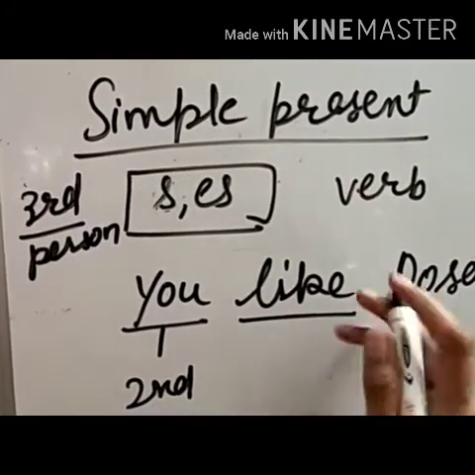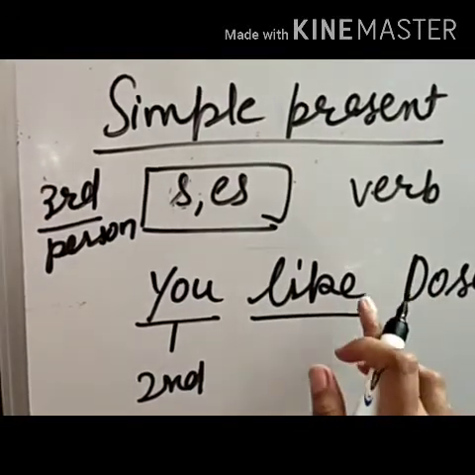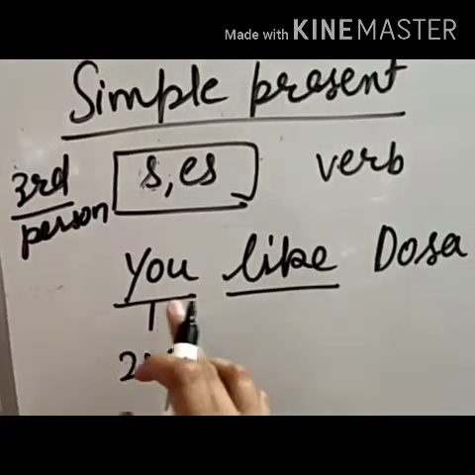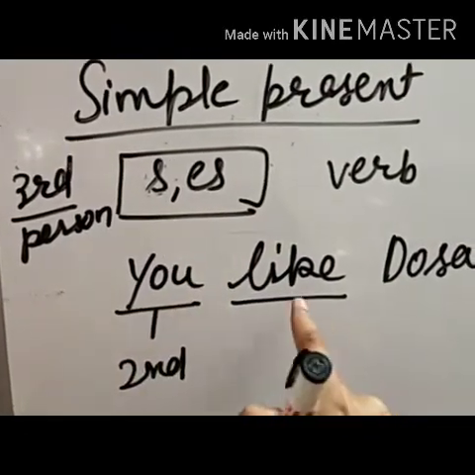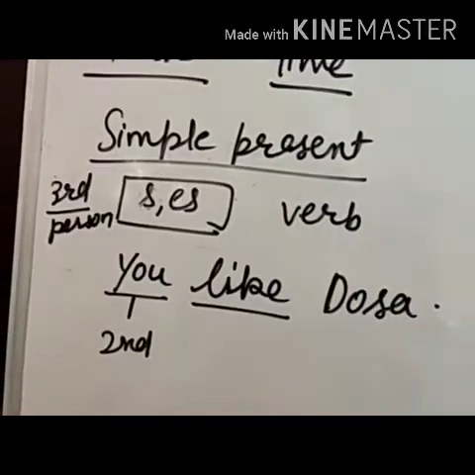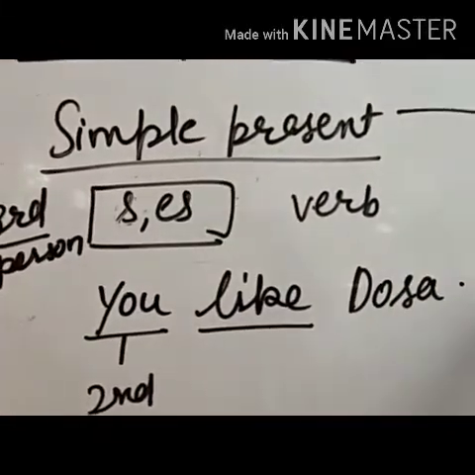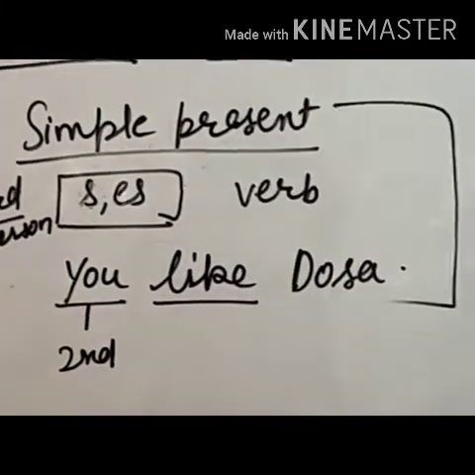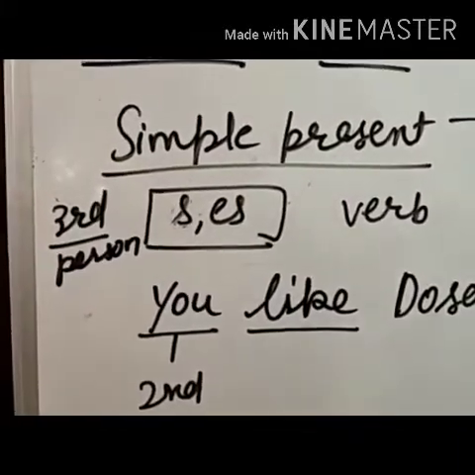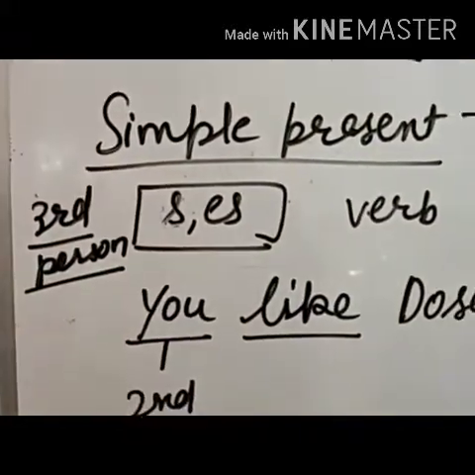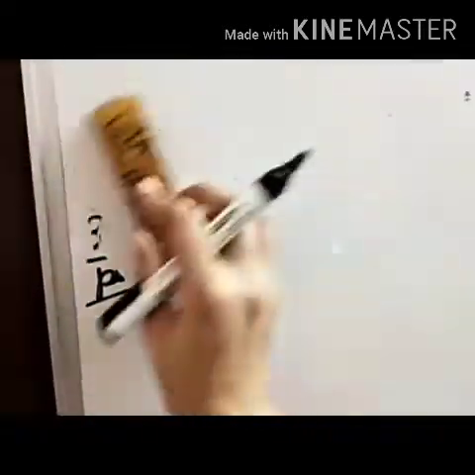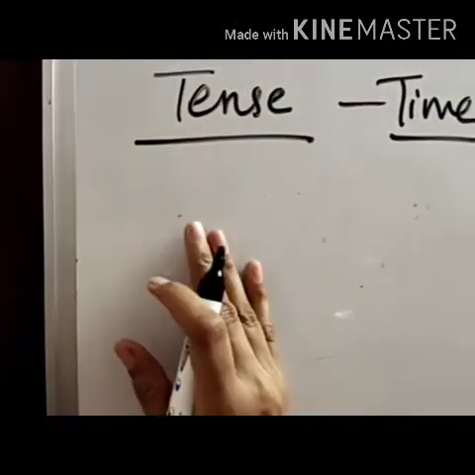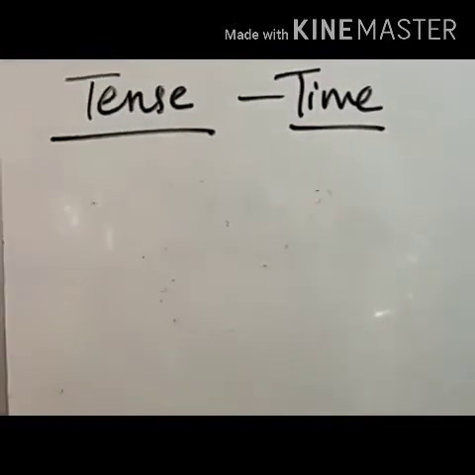So we will not apply S/ES with this like. We will follow plural rules. You like dosa. So in simple present, you have to apply S/ES according to the given rule with the singular person. And when you are talking about plural people, then you don't apply the S/ES rule.